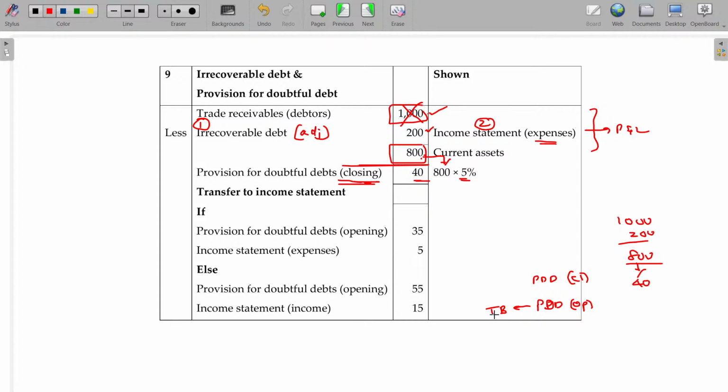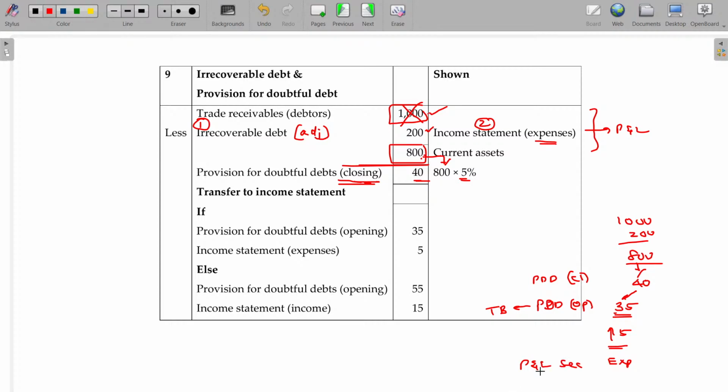If that value is 35, compared to the previous balance we now have to increase by 5. If the PDD is increasing, it is your expense and will be considered as other expenses in the profit and loss section.